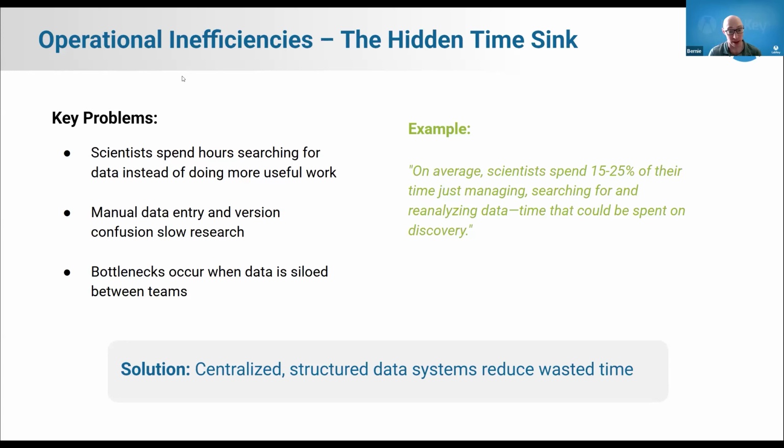A lot of scientists, probably on average by our calculation, are spending 15 to 25% of the time just managing, searching for, and reanalyzing data, which could be spent on discovery or whatever else that you're working on. Can you imagine a 15 to 25% efficiency boost in your labs? That's what we're talking about here. It's very, very significant. And the solution here is having an actual centralized and structured data system to reduce this time.